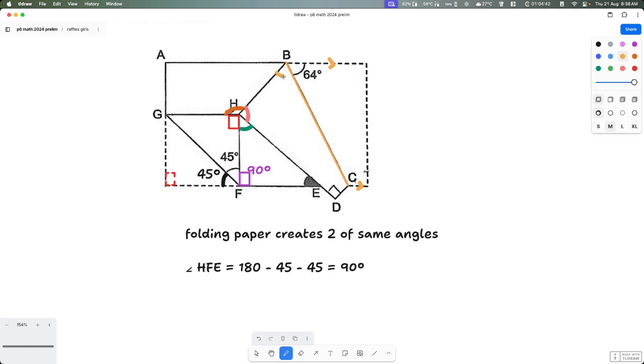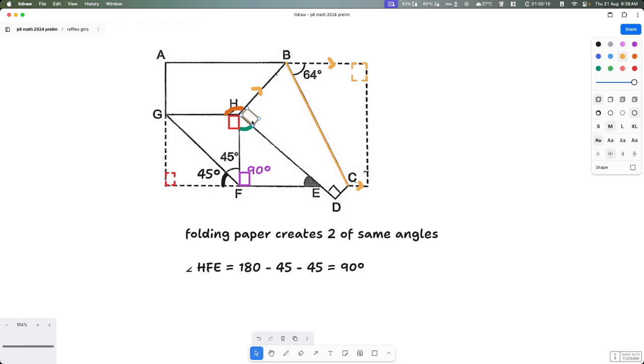In this sense, we can get this angle, which I think is obviously 64. Actually, we don't need to subtract here, because this angle is a right angle, and this right angle is then just folded to this position inside here.